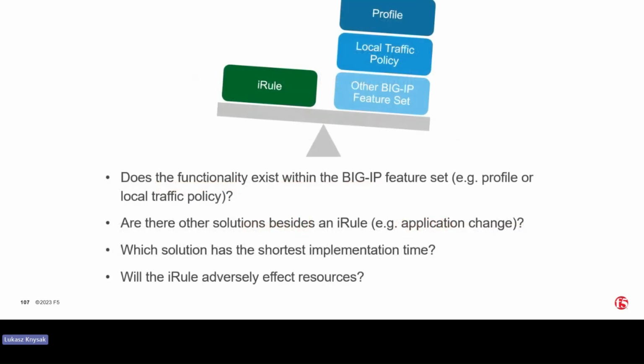Those are iRules. So of course, F5 says that if it's possible to configure something on your Big IP without using scripts, so customizing code and so on, you should use it. So if there are some built-in features, modules, or you can use local traffic policies, which we are going to cover in just a second as well, in that case, you should use those 3 options.